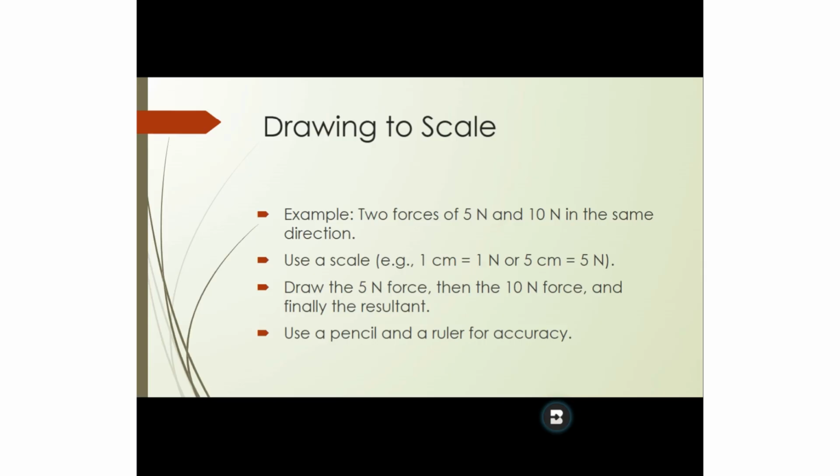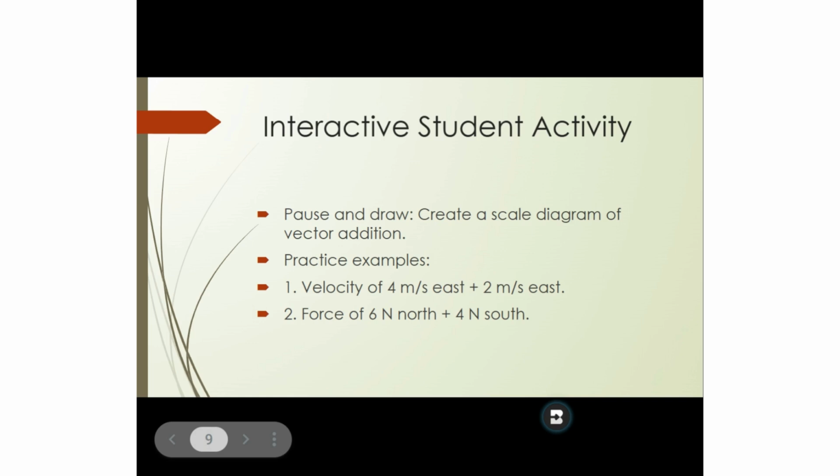If you wish, you can create your own scale if you do not like the one I have given you. We use scales in graphs and in geography, so it's the same concept that you're applying to solve this question.